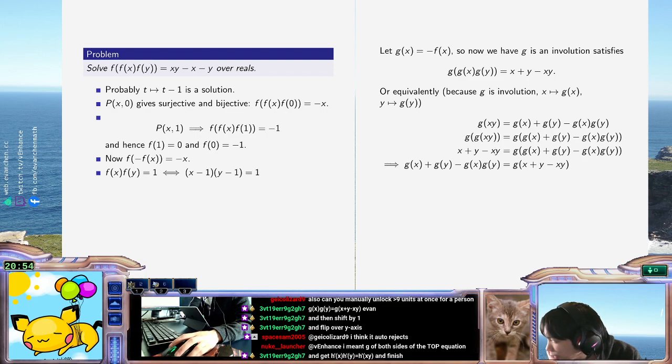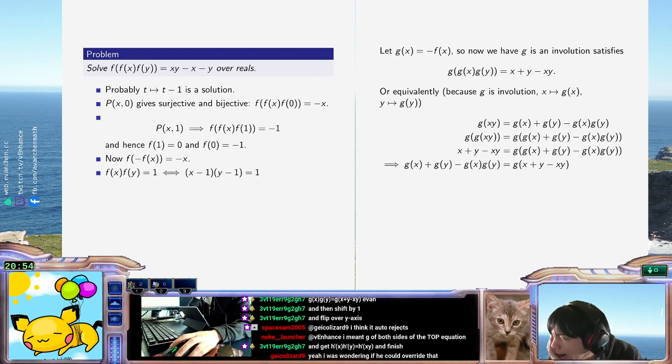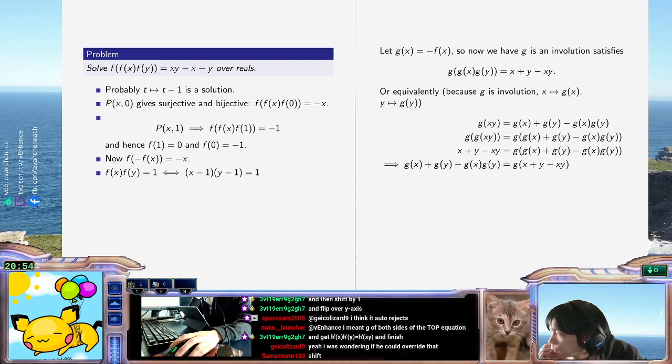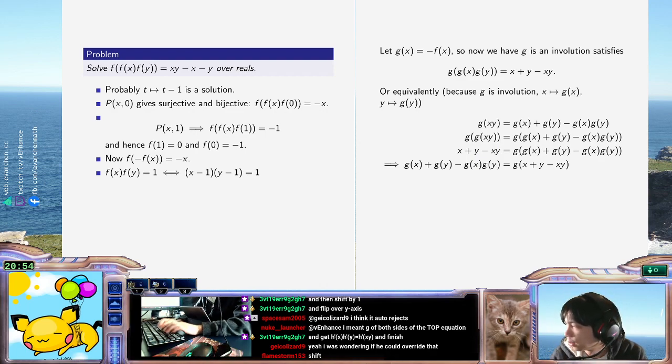when the functional equation stops having... Oh wait, yeah, G of this makes no sense. I don't know how I got that. G of xy.